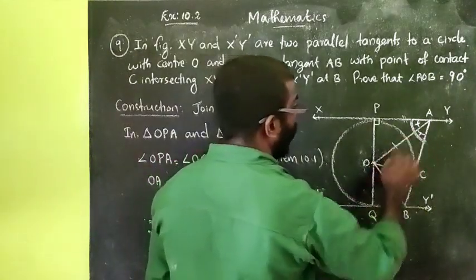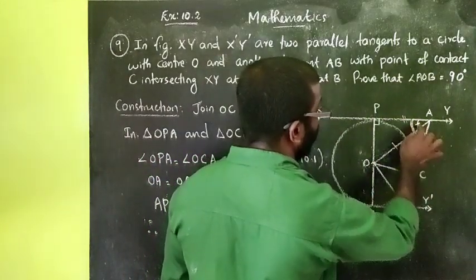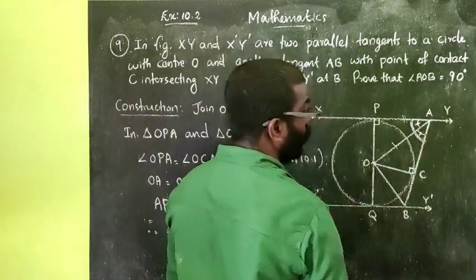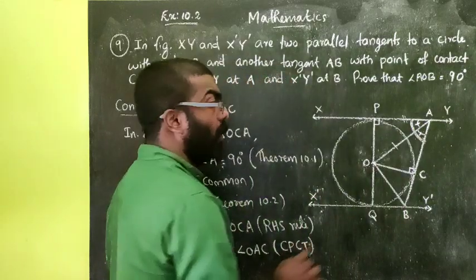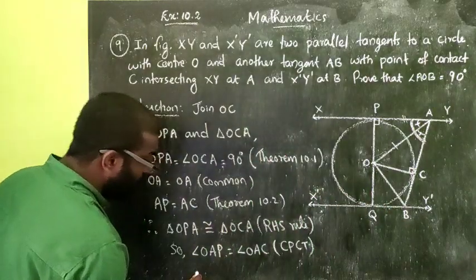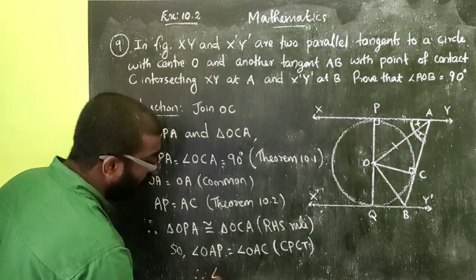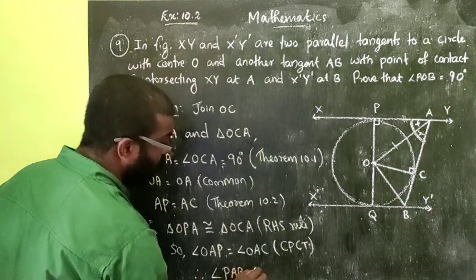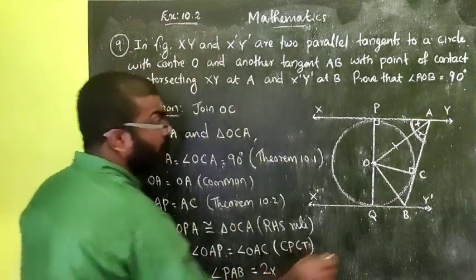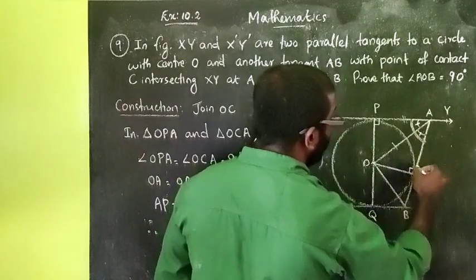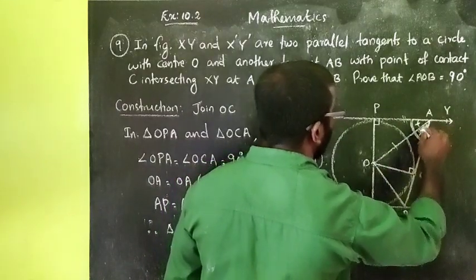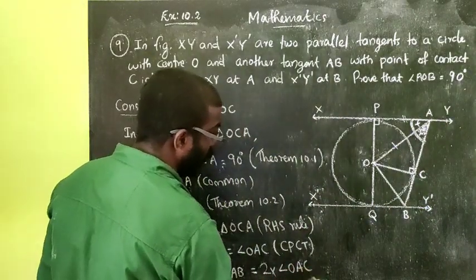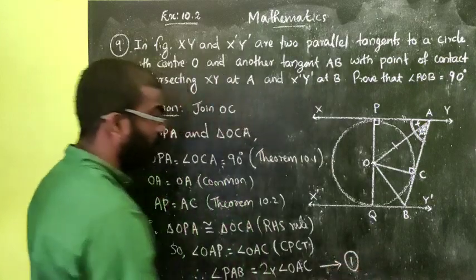These two angles are equal, OAP equal to OAC, and the total angle will be the double of any one of these two angles. So we can write, therefore angle PAB will be equal to 2 times angle OAC. We can take it as equation number 1.